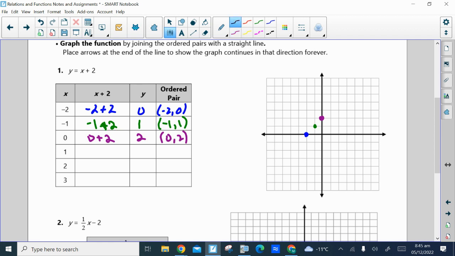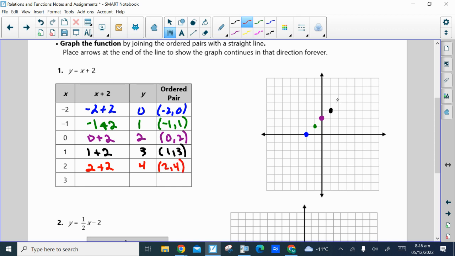The next value of x is +1. So we're going to let x equal 1 in the equation, so it'll be 1 plus 2. 1 plus 2 is 3. This gives us the point 1, 3. That's that point right there. Next x value in our table is +2. When x equals +2, y, which is defined by x plus 2, will become 2 plus 2, which is 4.